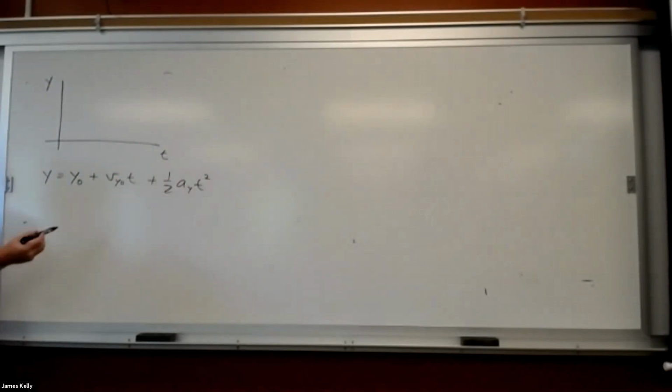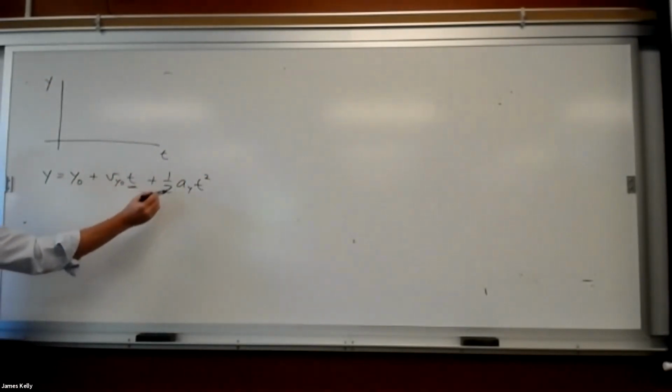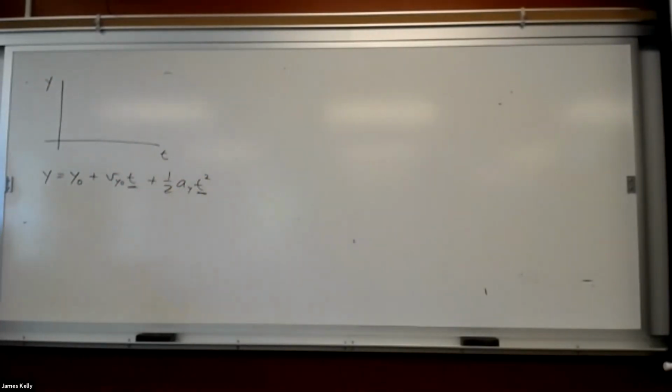And if I focus just on the t's as being like my x coordinate, because we're plotting it on the horizontal, and this y as being my y coordinate, this is like y as a function of x, a quadratic function of x, and it's a parabola. So it's a perfect parabola.